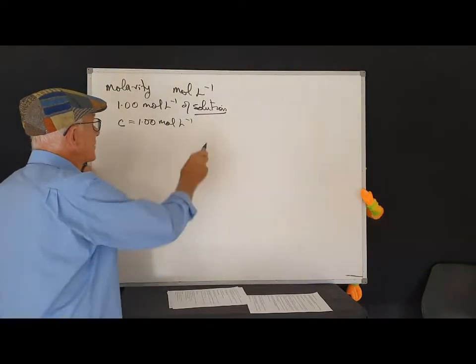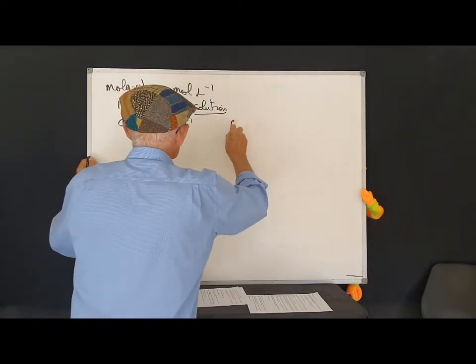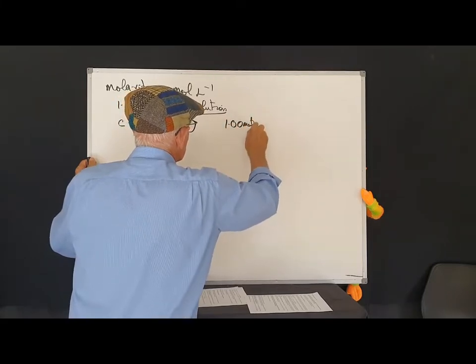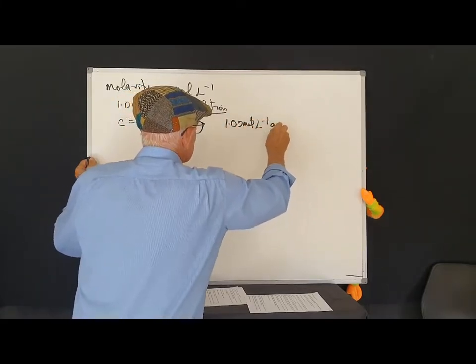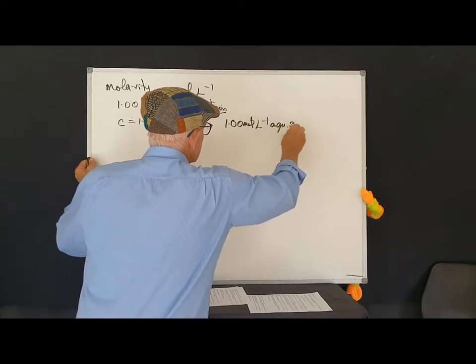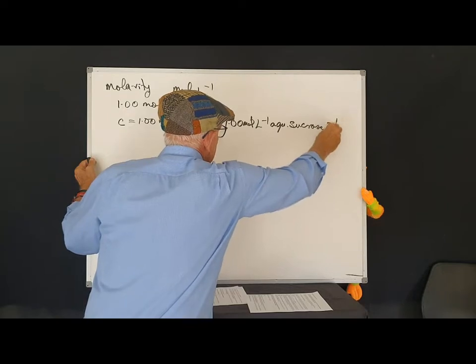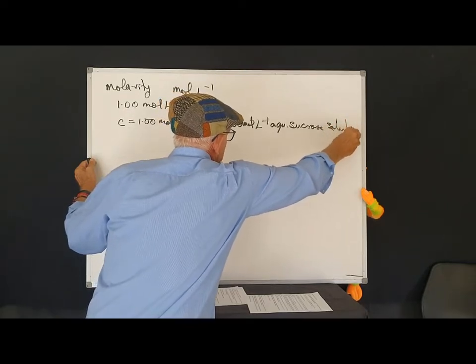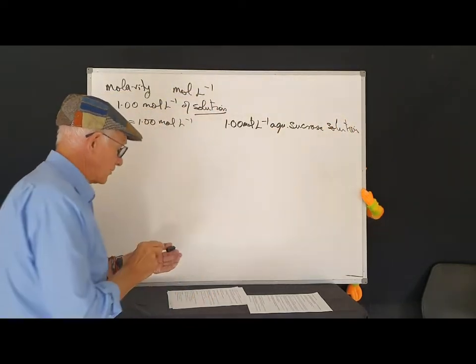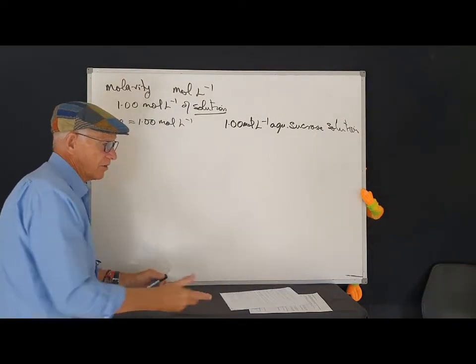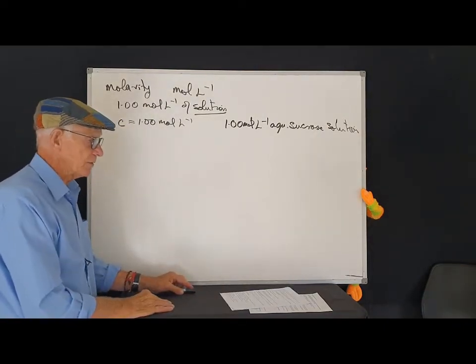And if we put a label on that bottle, it would be 1.00 mole per litre aqueous sucrose solution. Aqueous because it's in water, and could be in any number of other solvents like alcohol, for example. It's not, it's in water. Okay?